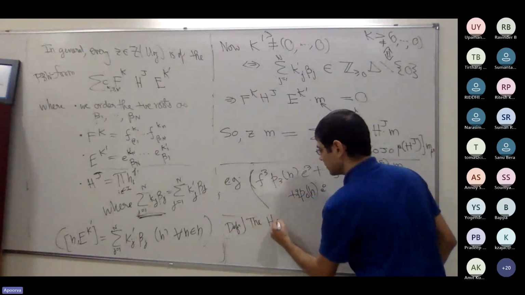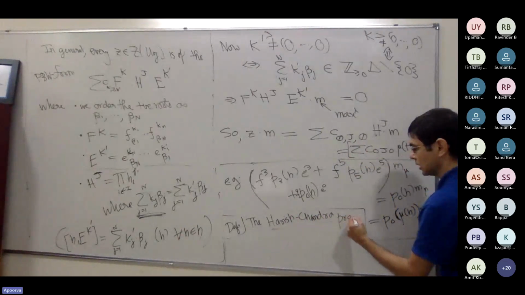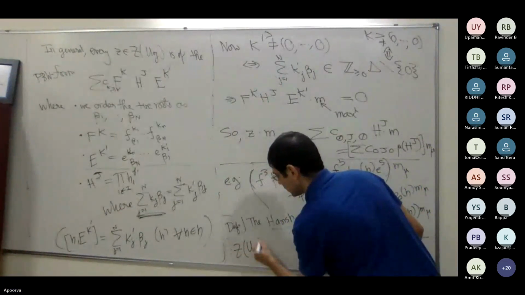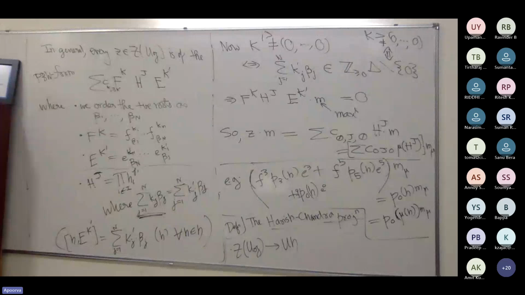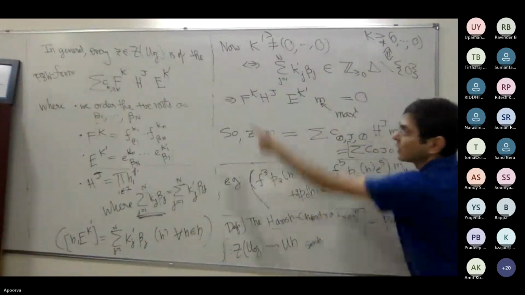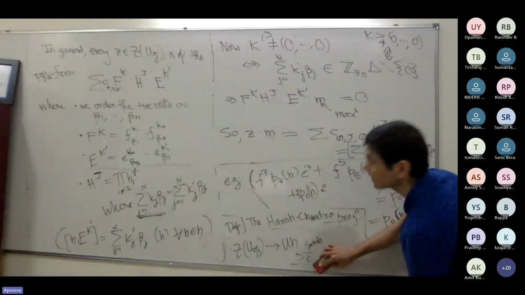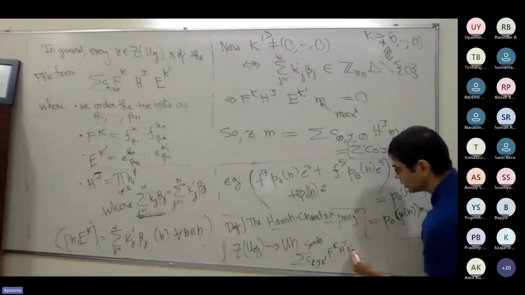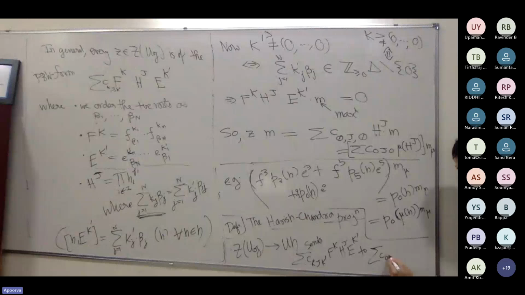The Harish-Chandra projection from Z of UG to UH, the Cartan algebra part, sends the summation of a_{jkk'} f to the k, h to the j, e to the k', to just the k = 0, k' = 0 terms, c_{0j0} h to the j.